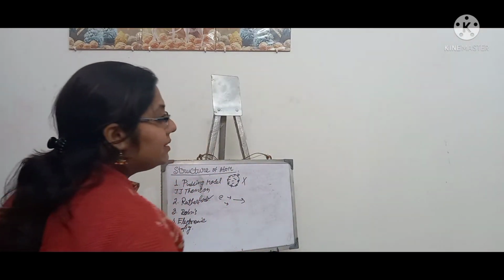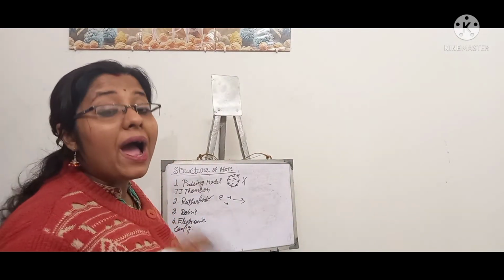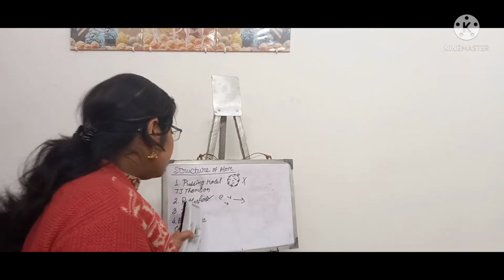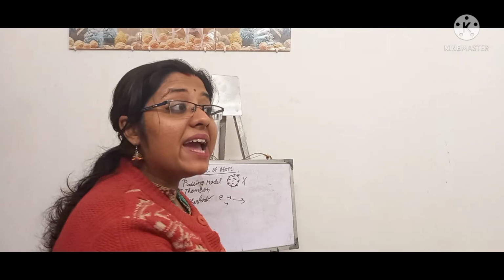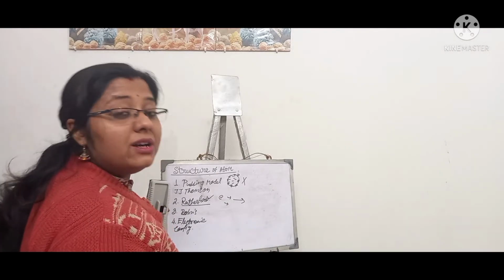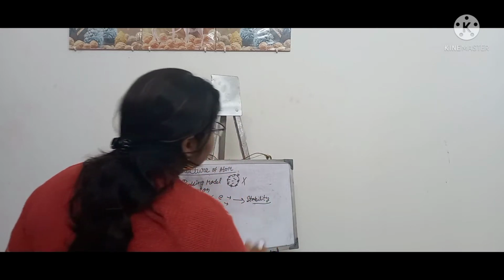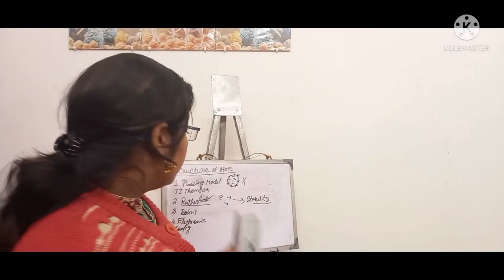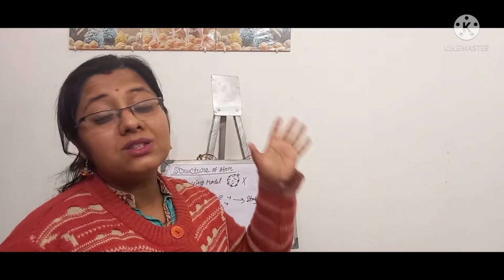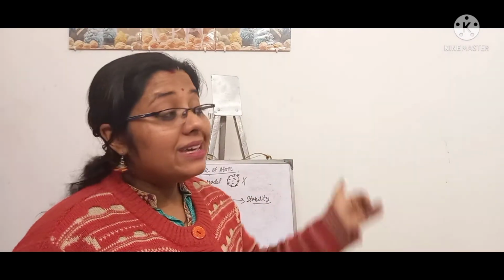This statement was wrong because we know atoms are stable, and this statement of Rutherford goes against the stability of the atom. So Rutherford was unable to describe the stability of the atom. That was the drawback, and that is why we cannot take his concept as a proper model.